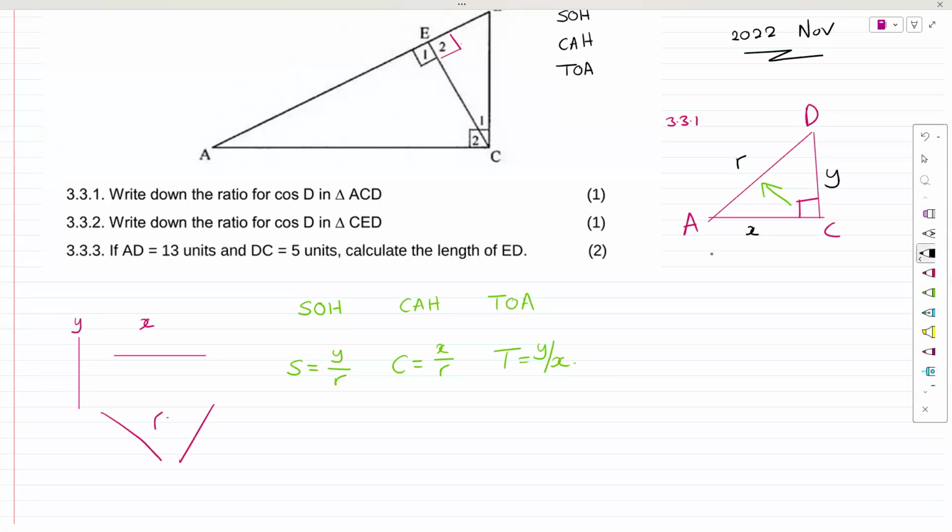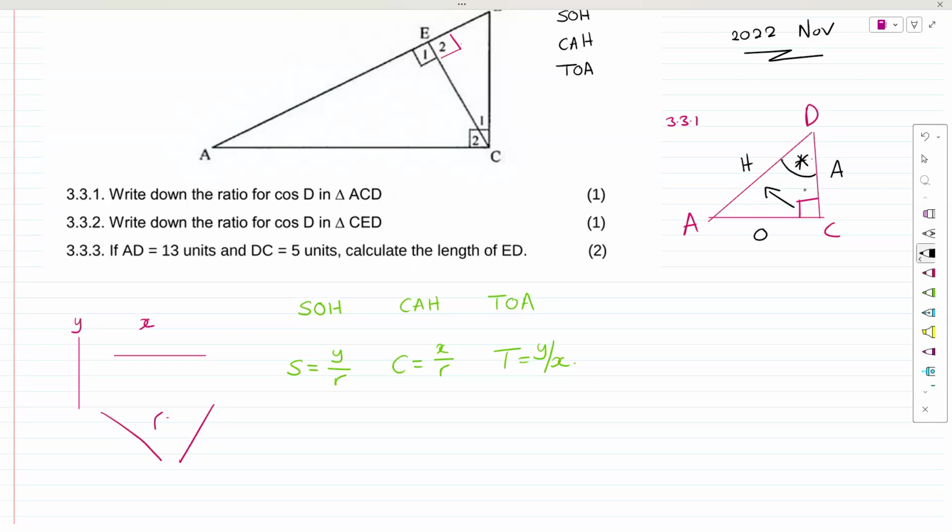In terms of this triangle, give us cos d. But again, they wanted cos d, okay? So this r, x, and y works. There's nothing wrong with it if you understand how to use it. But even if you didn't understand r, x, and y, they told us cos d. So in terms of cos d, that's hypotenuse, that's opposite, and that's adjacent.